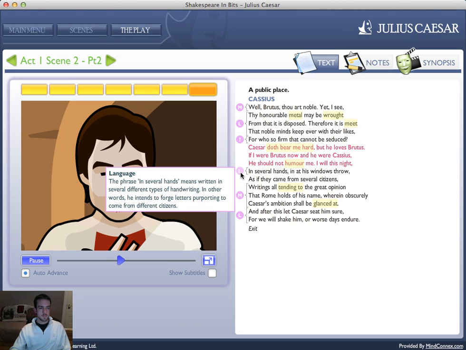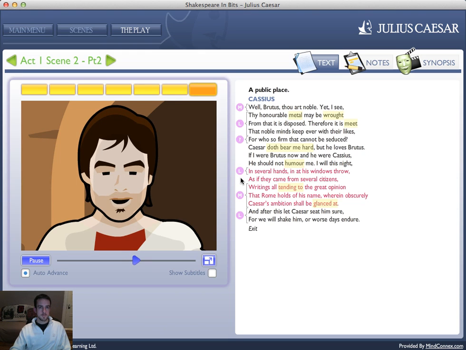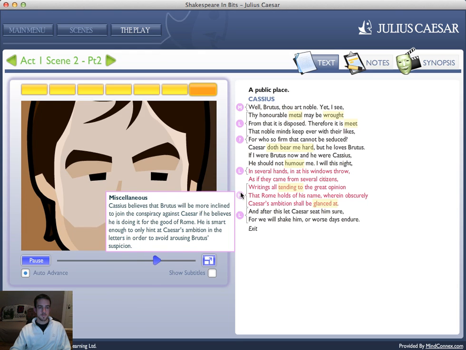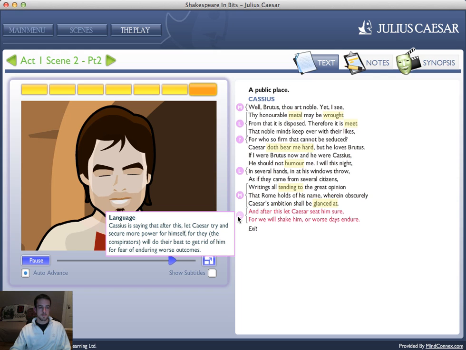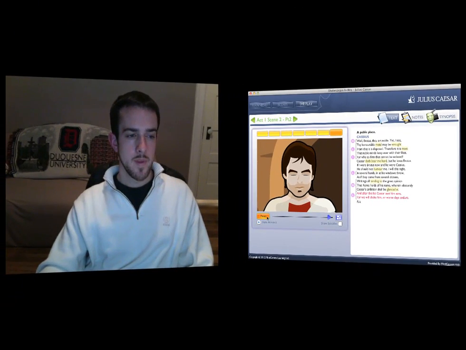I will this night in several hands in at his window throw, as if they came from several citizens, writings, all tending to the great opinion that Rome holds of his name, wherein obscurely Caesar's ambition shall be glanced at. And after this let Caesar seat him sure, for we will shake him, or worse days endure.